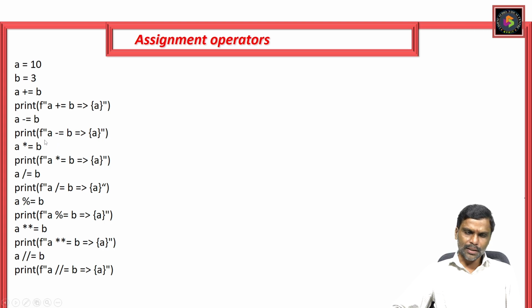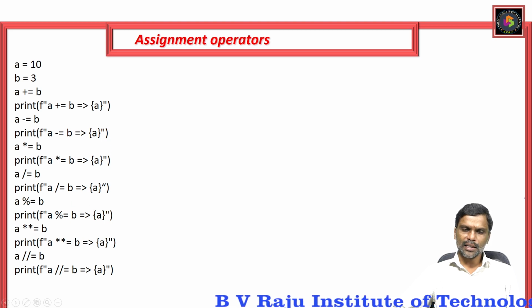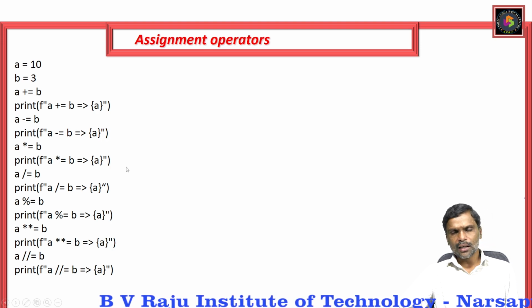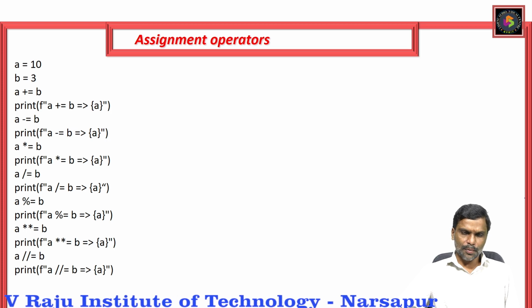Similarly, print in the string format given here, A minus equal to B. That means A is equal to A minus B should print. Similarly, in all these cases, whether it is division, multiplication, modulus, exponent or floor division, whatever it may be, everything will give the same result. Okay. So this is regarding assignment operators. Let us see the rest of the operators.